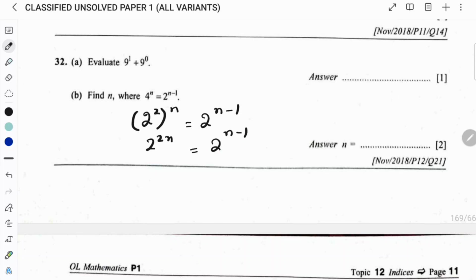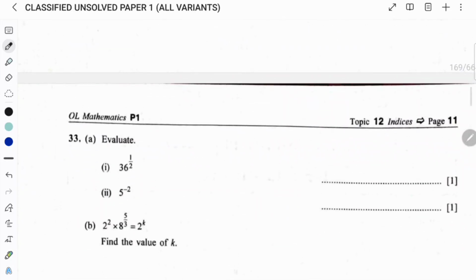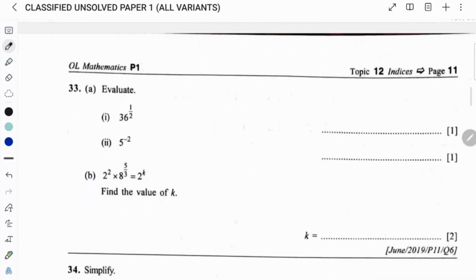So 2n will be equal to n minus 1, then 2n minus n is equal to minus 1, and then n will be equal to minus 1. We solve the equation the same way. Alright, now 36 half, everything is easy.